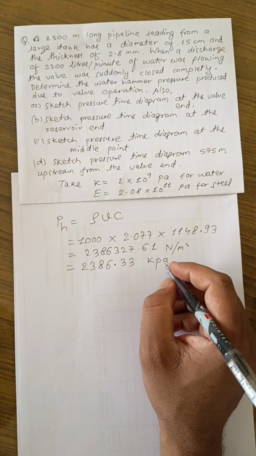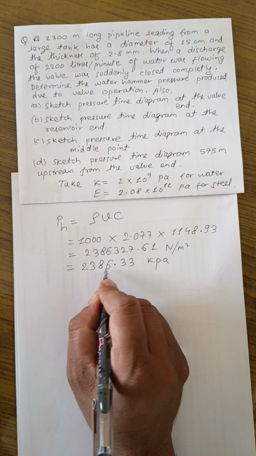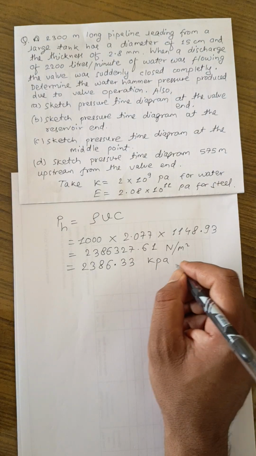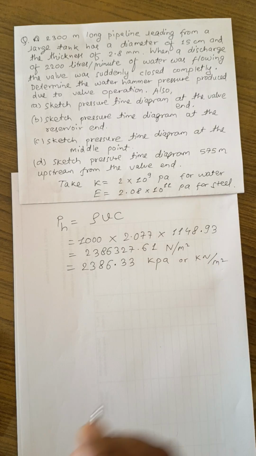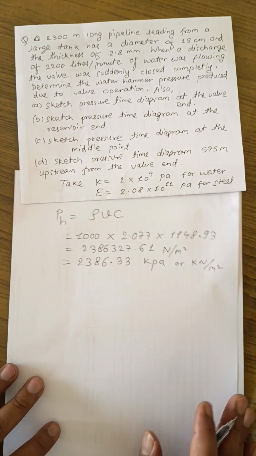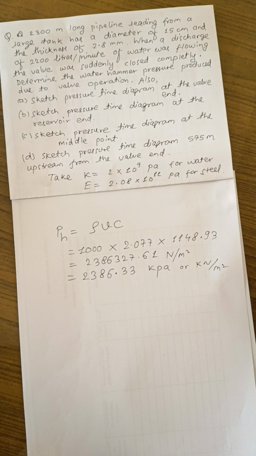If you divide it by 1000, you get 2386.33 kilopascal, or kilonewton per meter square. We are going to do it in kilopascal. So we have found out the water hammer pressure generated.